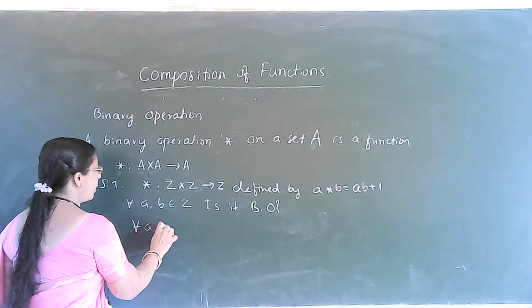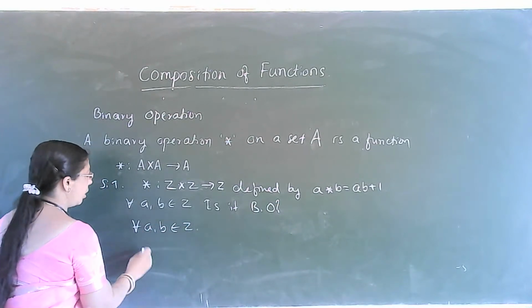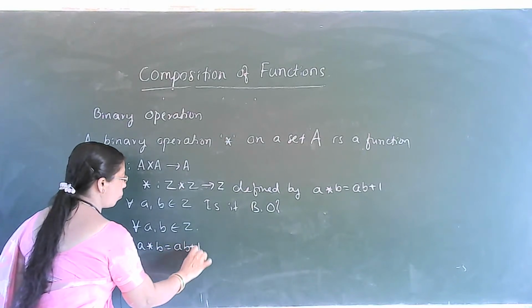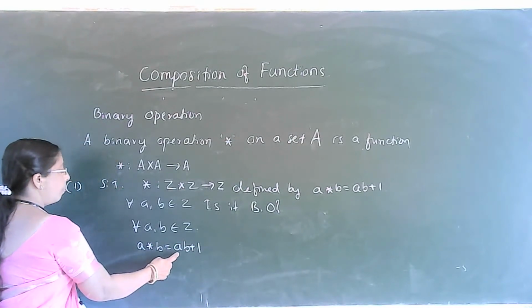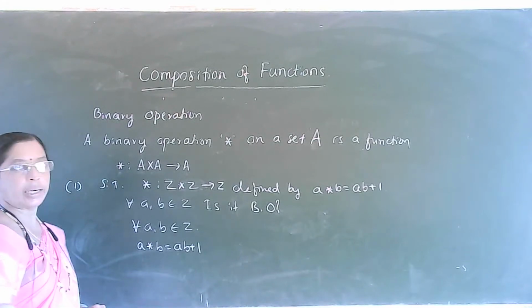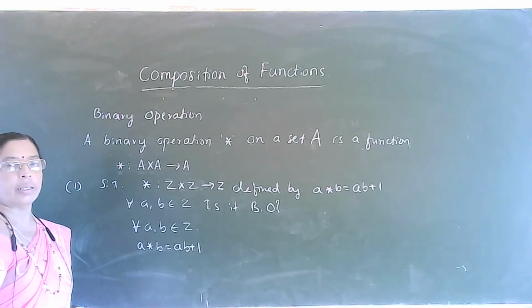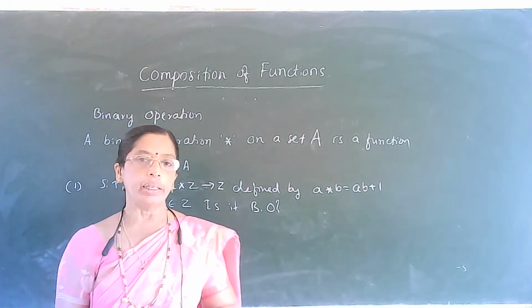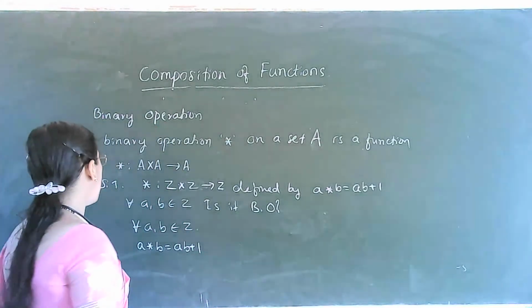First we take, for all A, B belonging to Z, A star B equals AB plus 1. Here multiplication on Z is a binary operation: A into B, for any elements of Z, we get an element in Z only.